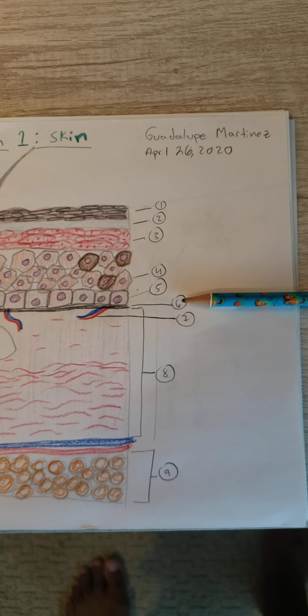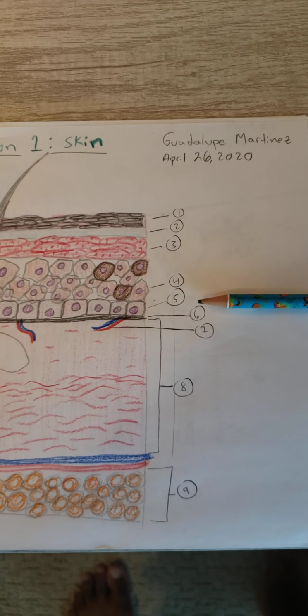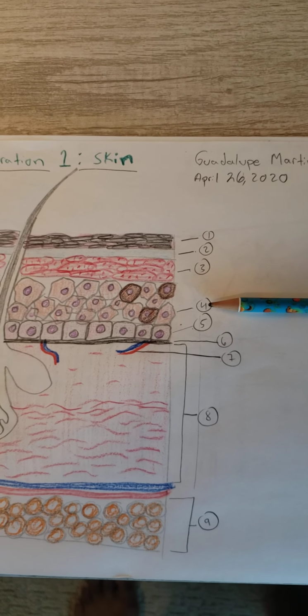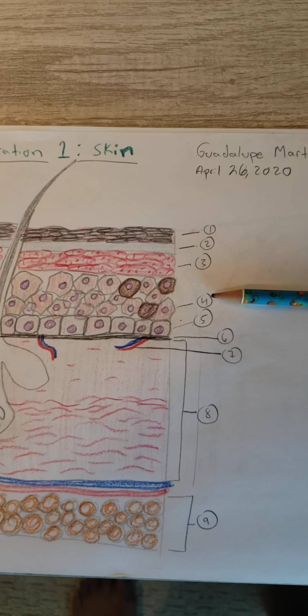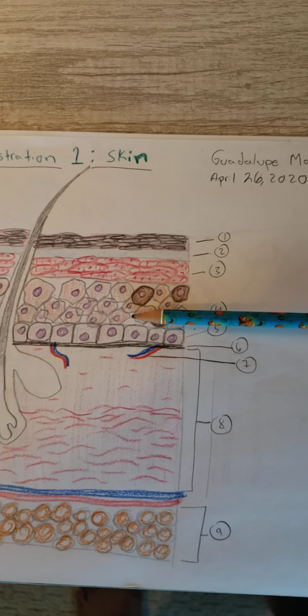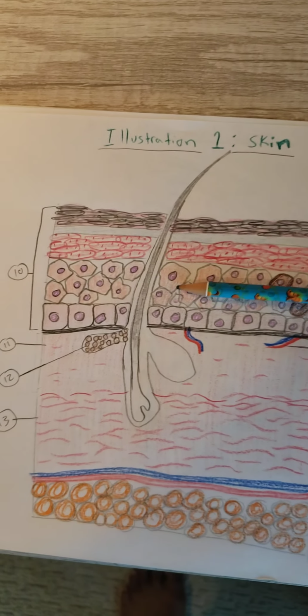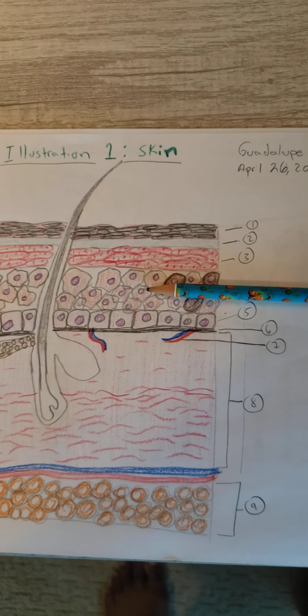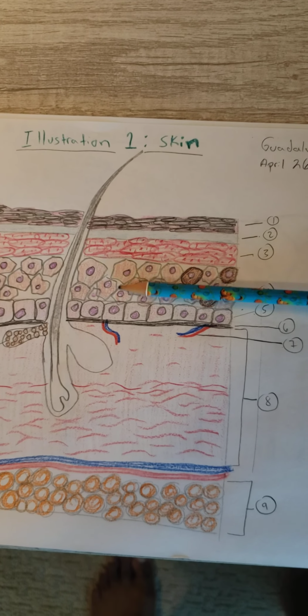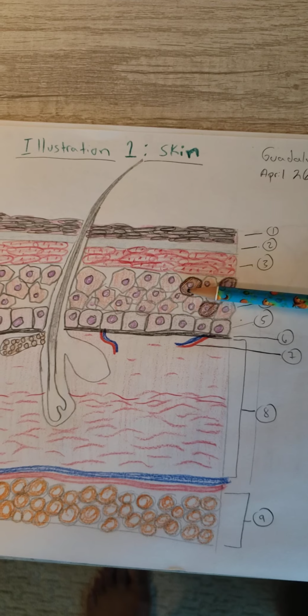Then in number six, this thick black line, the basement membrane. Within the stratum spinosum, at number four, we have in brown the melanocytes, and all the other ones depicted throughout this layer of the skin are the keratinocytes.